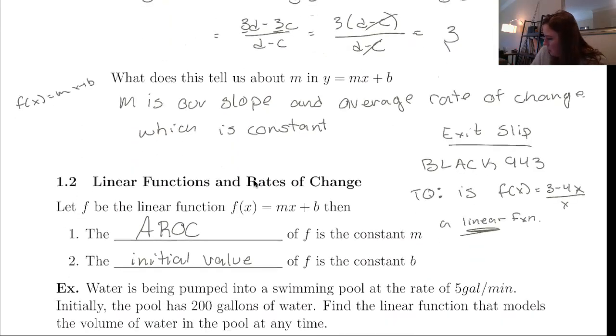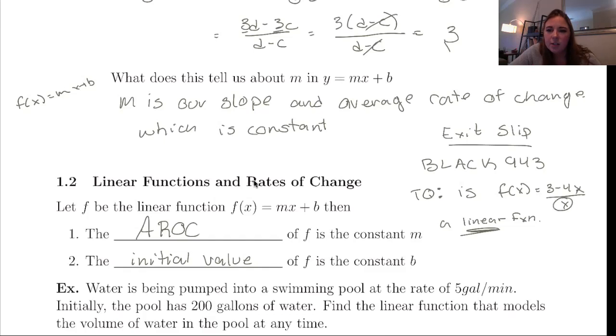And then I asked you guys really quickly if (3 minus 4x) divided by x is a linear function. Who can tell me if this is a linear function or not? I have 3 minus 4x divided by x. Is that a linear function? No, it's not. I have x in the denominator.